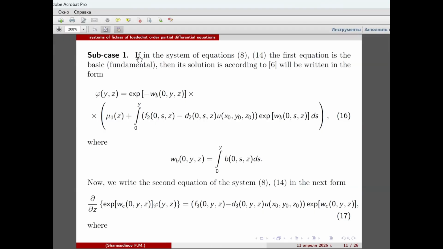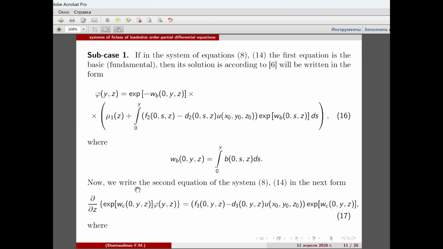Subcase 1. If in the system of equations 8, 14 the first equation is the basic one, then its solution, according to 6, will be written in the form 16, where b_0(y,z) equals integral from 0 to y of b_0(s,z) ds.